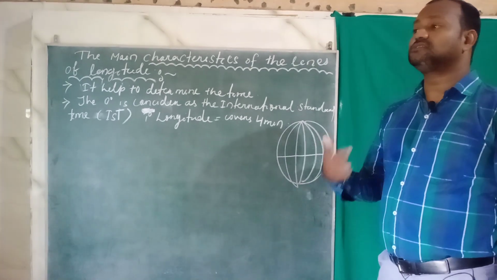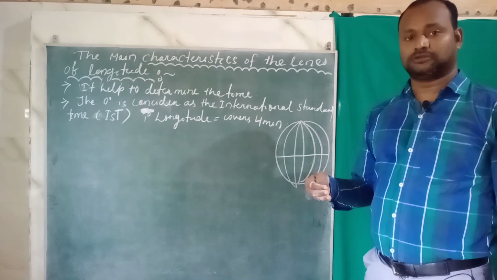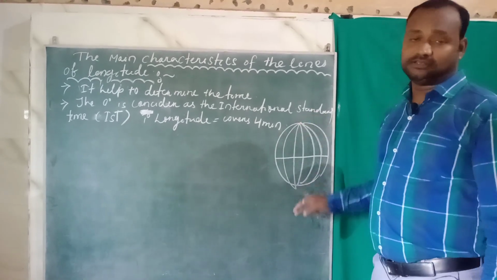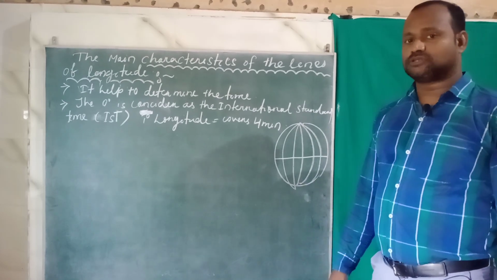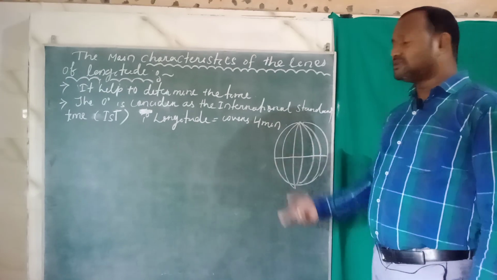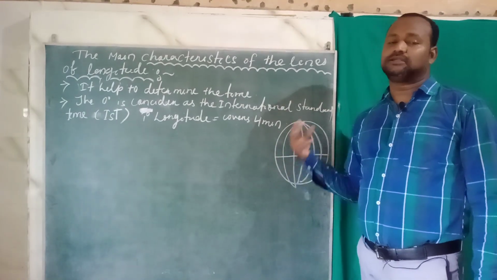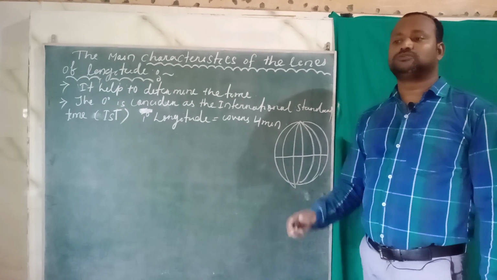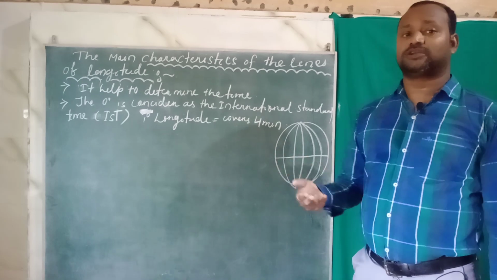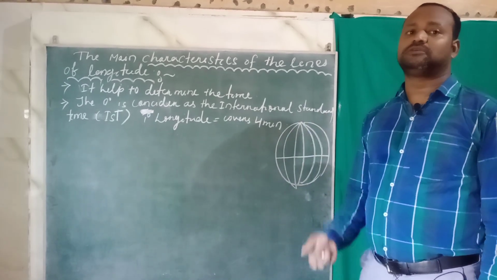Another reason is that our earth is a little bit bulging near the equator and a little bit flattened near the poles. Due to this reason, the distance between the longitudes increases near the equator and decreases near the pole. So when a question comes, the highest distance between the longitudes is near the equator, and the lowest distance is near the poles.